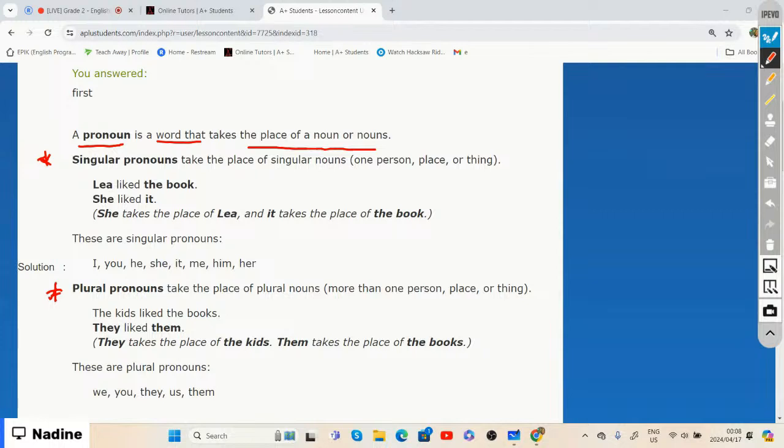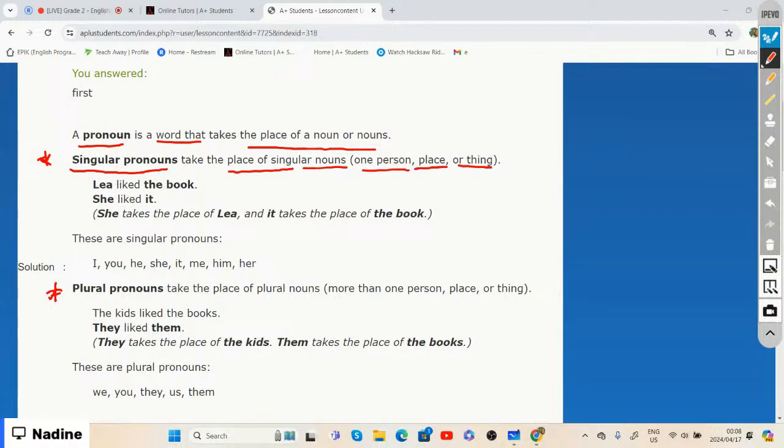So a singular pronoun takes the place of a singular noun, for example, one person, one place, one thing.